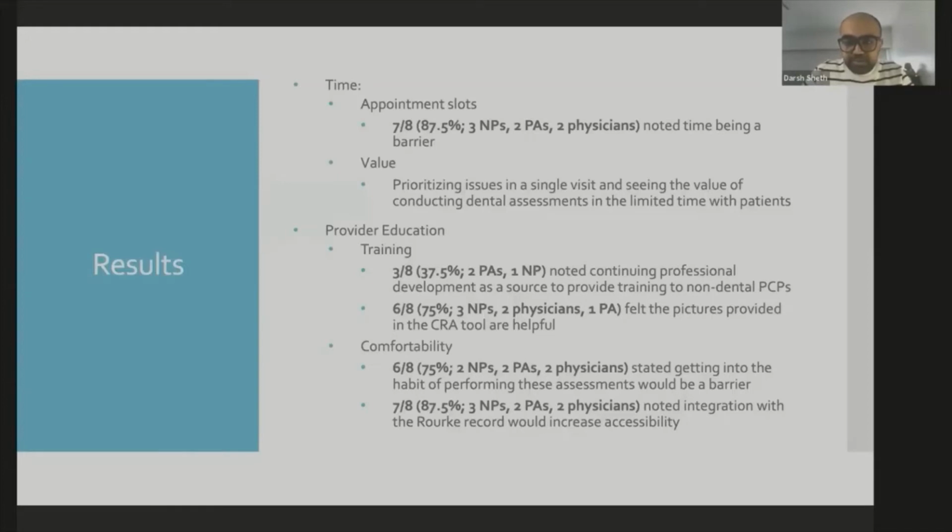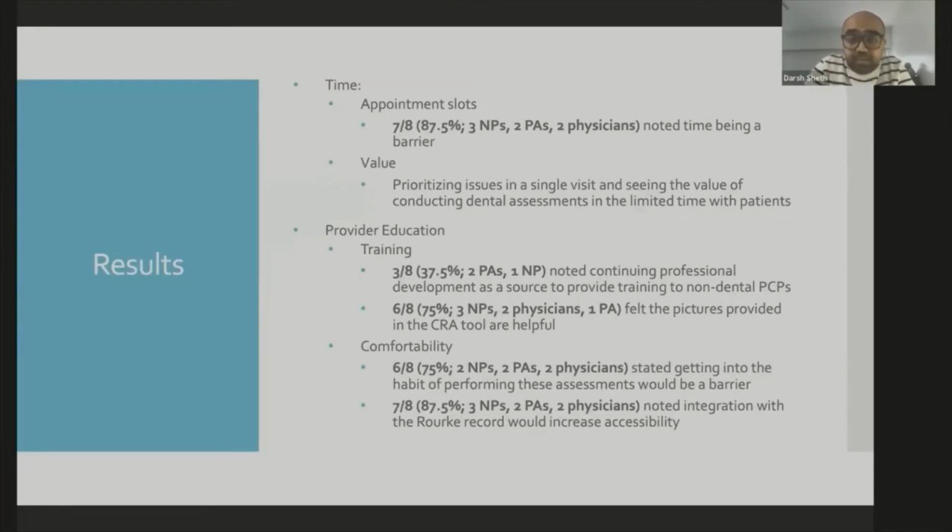Their appointment slots may vary, but time is a big barrier to implementation. Children come in for a chief complaint, and can they actually incorporate a Caries risk assessment tool into the limited time they already have with these children? That was one of the overarching results from my project.